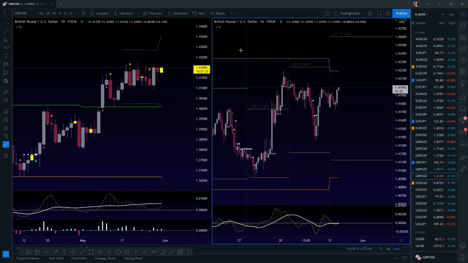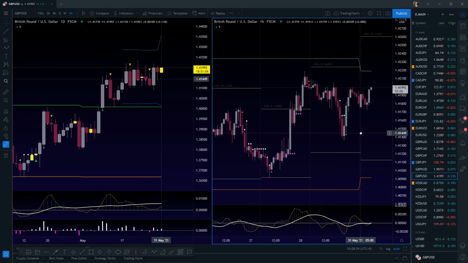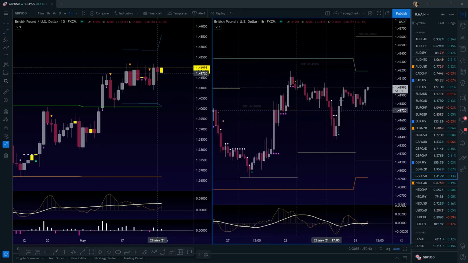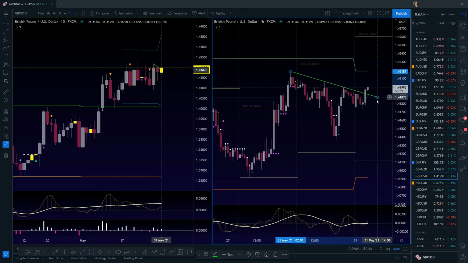British pound, US dollar. No real edge to trade other than this.